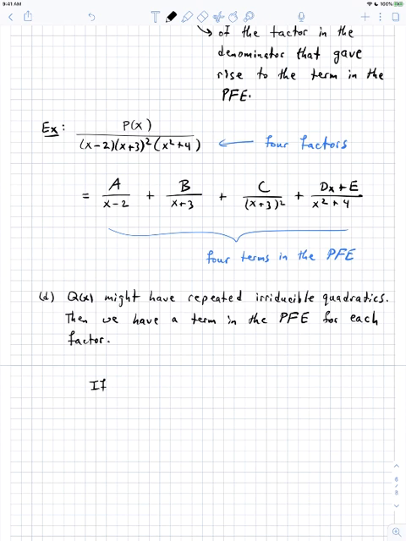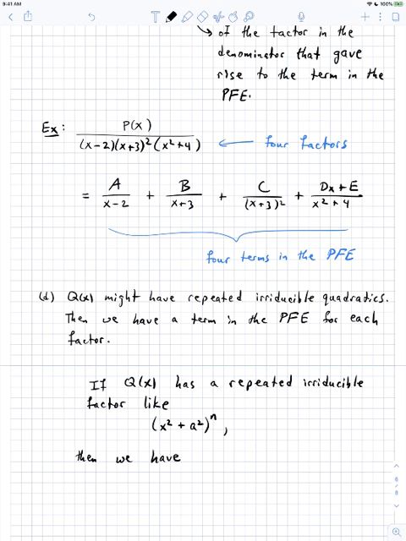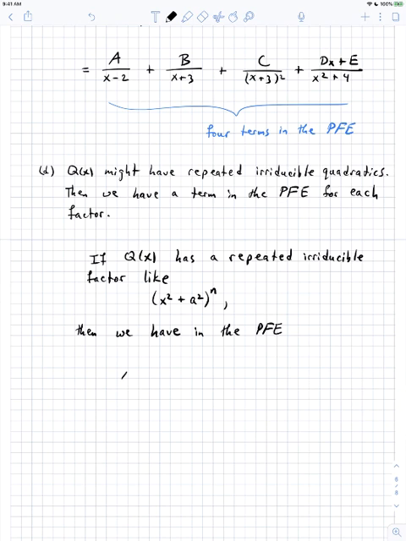So if Q(x) has a repeated irreducible factor like x squared plus a squared, and then it's raised to the n, then we have in the partial fractions expansion something like x squared plus a squared in one factor, and then x squared plus a squared raised to the 2 in another term.